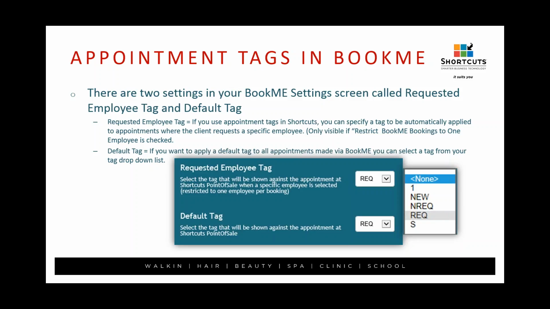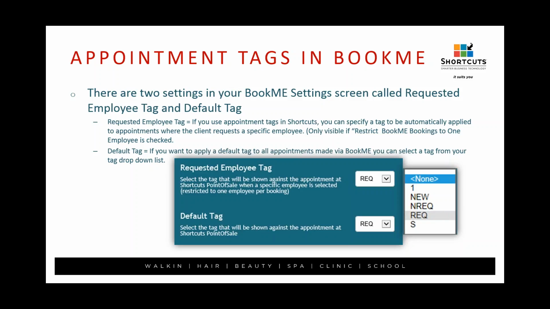Okay, there's also a default tag. So for instance, if you just wanted all appointments that showed up through online booking to be tagged as an online booking, so maybe I put like ON. Okay, or if I just wanted them to be tagged as review so that I could review them, just like that color shows when an online booking comes up in the point of sale.